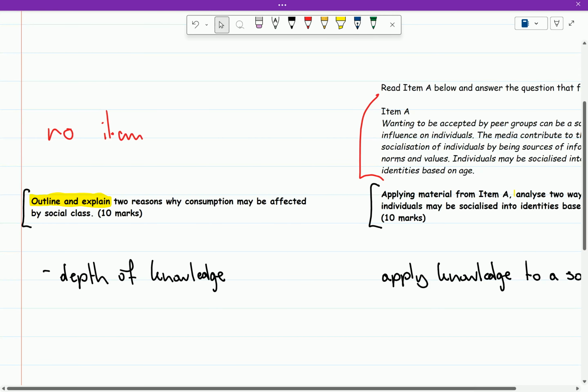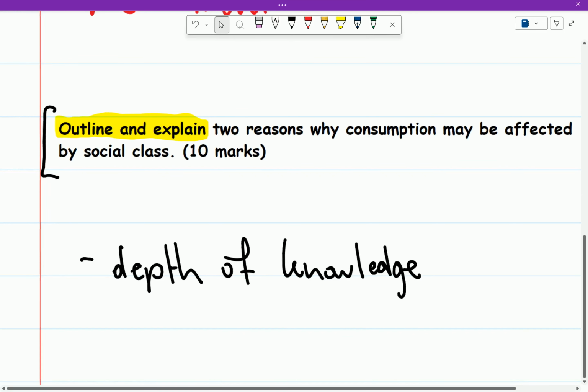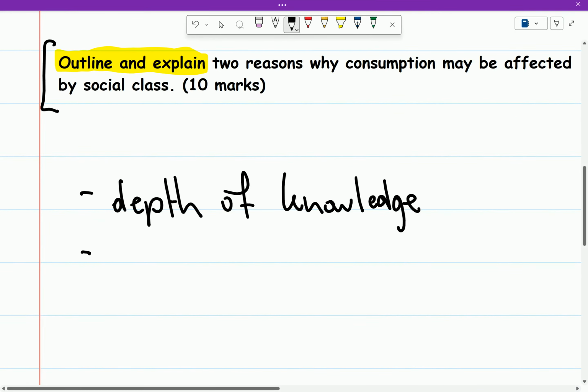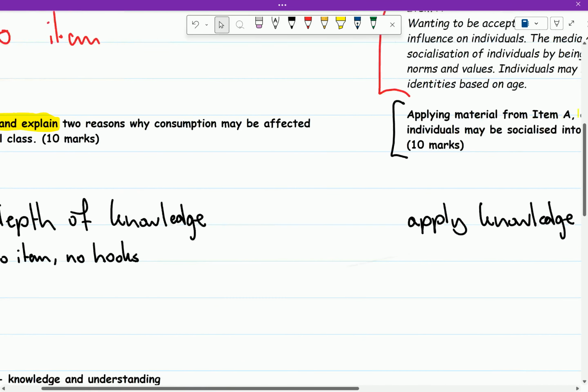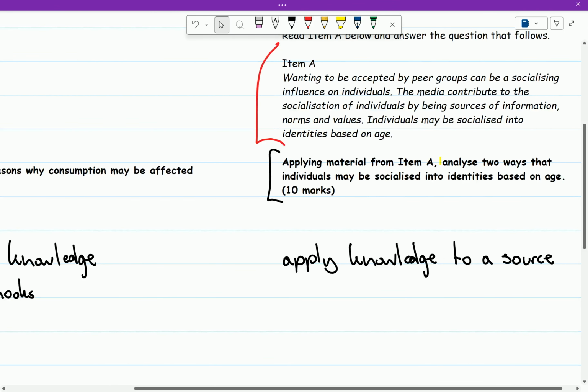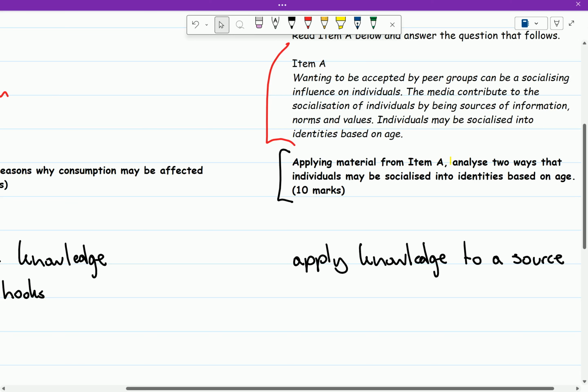Now, there's a couple of things you have to consider with the outline and explain question. As a consequence of having no item, this means there are no hooks. What does that mean? With the 10-mark questions that do have an item, you can use the item to choose talking points.